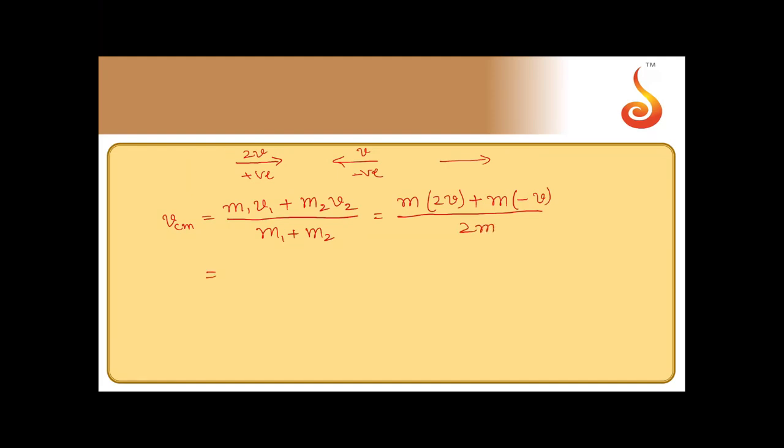So this will be 2mv minus mv, that is mv divided by 2m, that is equal to v by 2. That is option C.